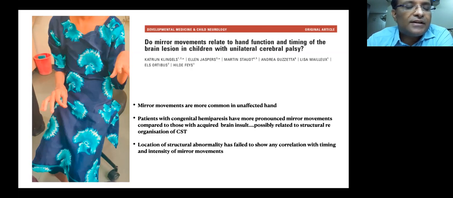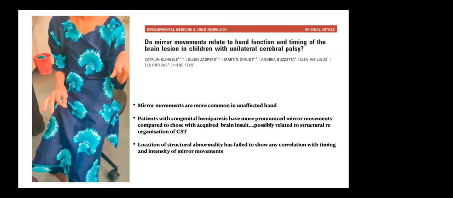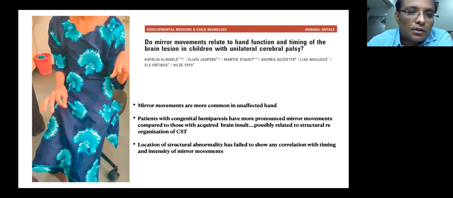And the interesting point was that the location of structural abnormality has failed to show any correlation with the timing and intensity of mirror movements. So it doesn't matter whether the patient has a gliotic area in a particular area of the cortex. The intensity and the timing of the mirror movements have not shown any correlation with that.